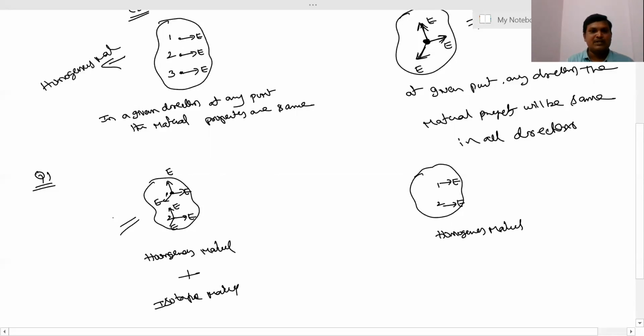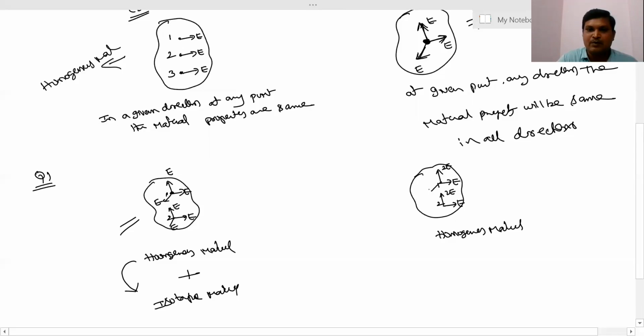This means a homogeneous material may also be isotropic. Now coming to this point. This is my 2E. This is my 2E. So in the upper side, towards the y direction, at point 1 it is 2E, at point 2 it is 2E. Is it still homogeneous?